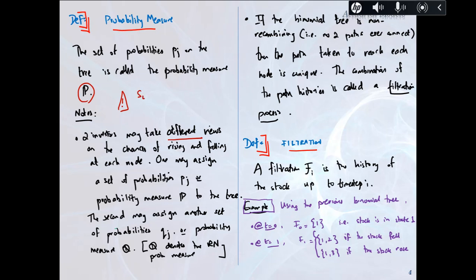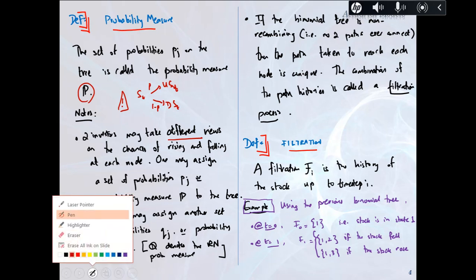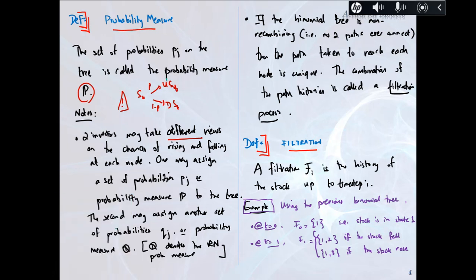Because I have ST, and I say that ST may go up to UST or down to DST with probability P and 1 minus P. Now, I can have this view, and another investor may say it is not U and D, it is U star or D star. So U star, D star are different values to my U and D. And also he may say that his probability measure comprises P star and 1 minus P star instead of my P and 1 minus P.